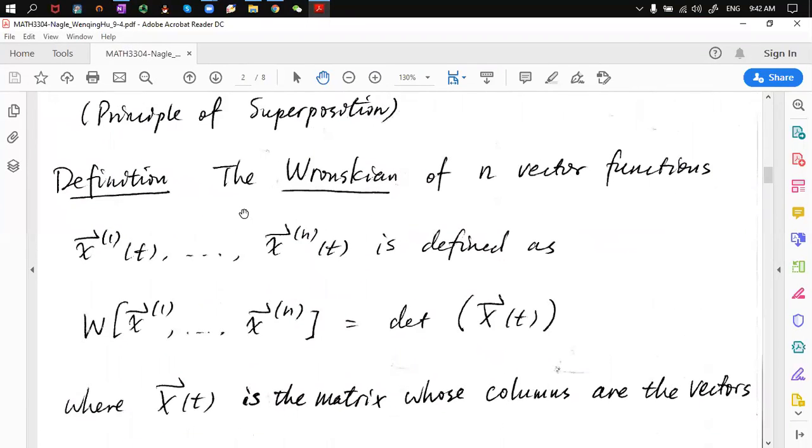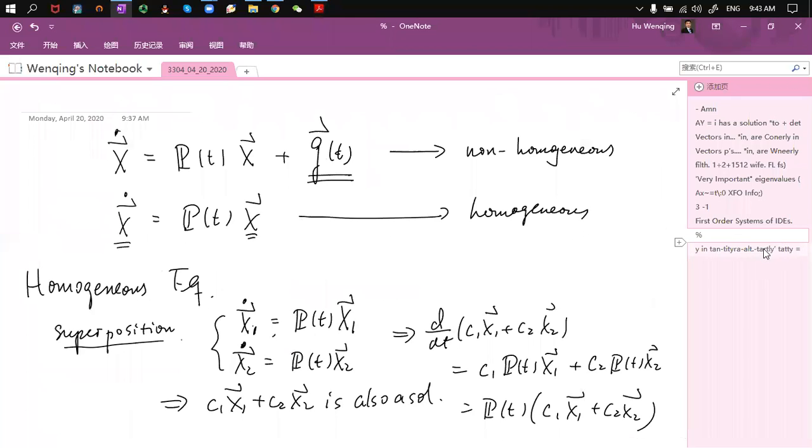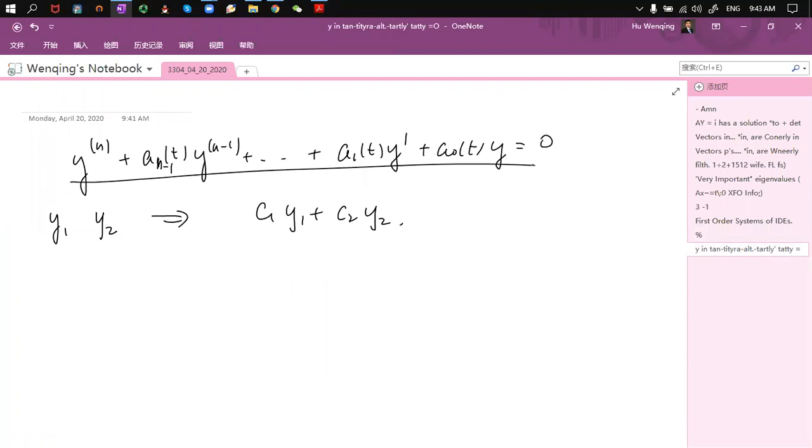Then we're going to talk about the Wronskian of these solution functions. This is exactly the idea that we have been talking about in the previous lectures, so this lecture is very similar to the part we talked about before. You first obtain a family of solutions.